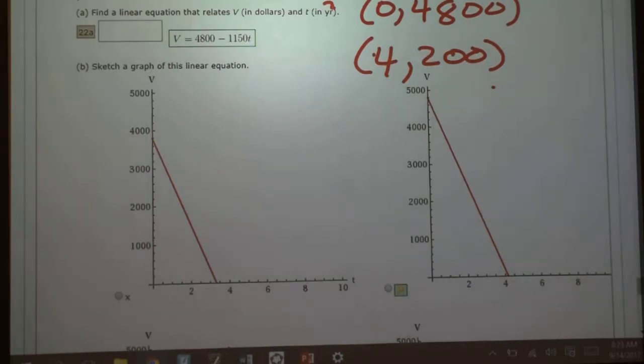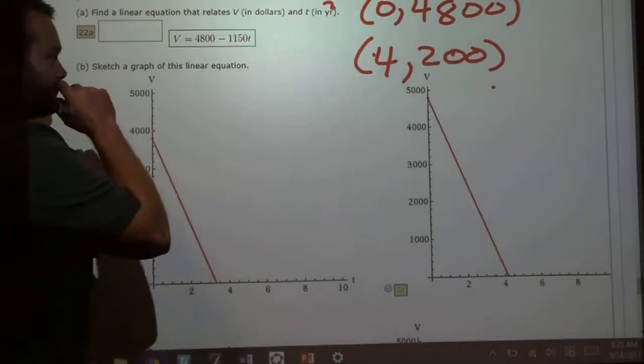So it's the same thing as X and Y. If you want to do it in regards to X and Y, and then at the end realize that the X's in my ordered pairs were actually times, take the X out and replace it with T, and the Y's are values, so take the Y out and replace it with V. That's perfectly fine. Is that all right with everyone? So let's go ahead and do it that way.